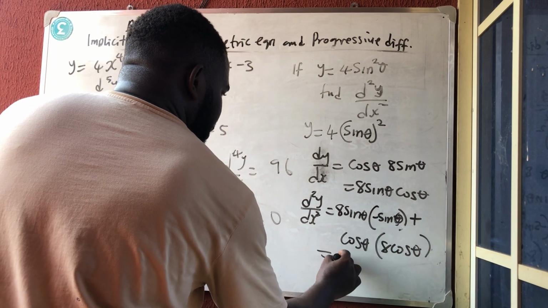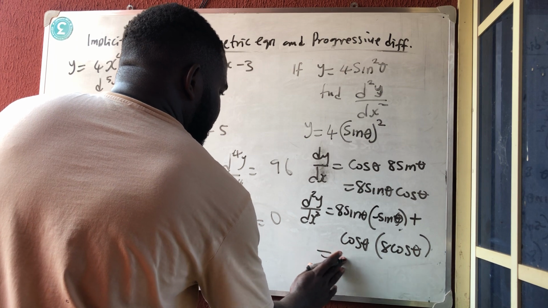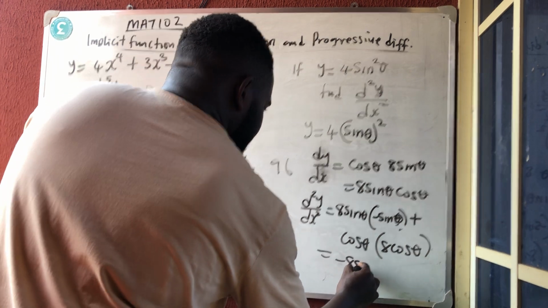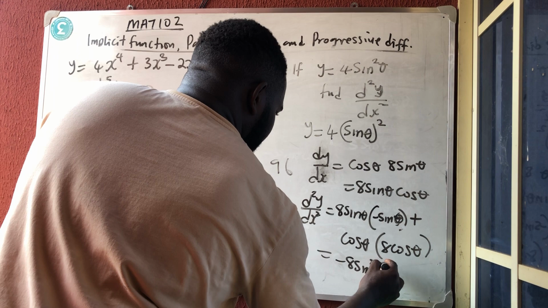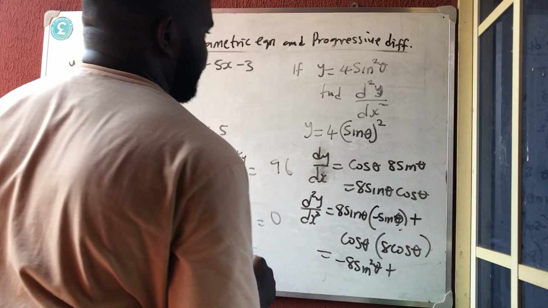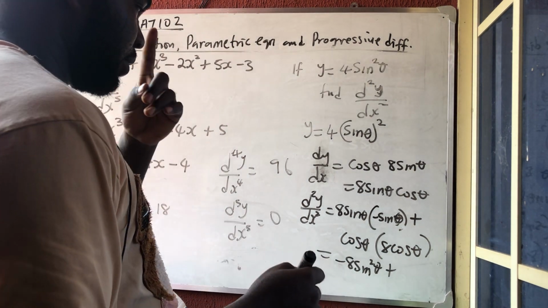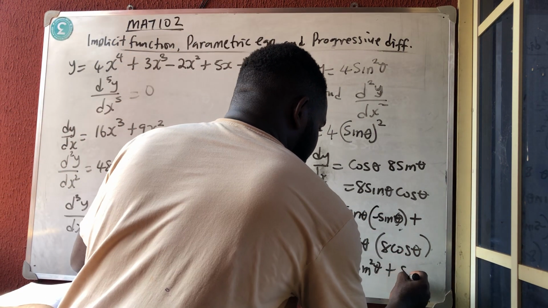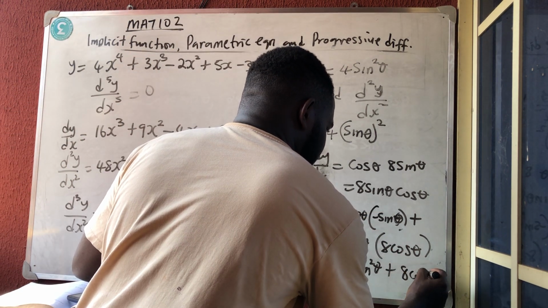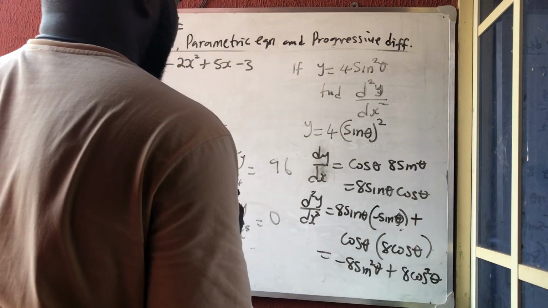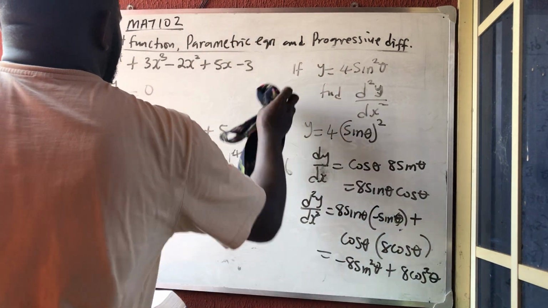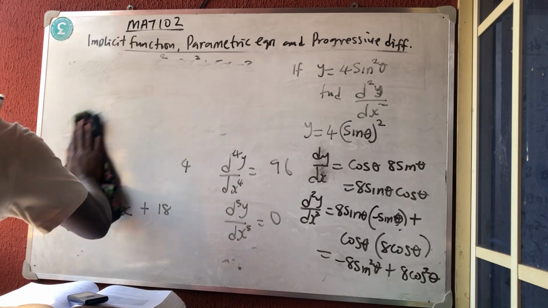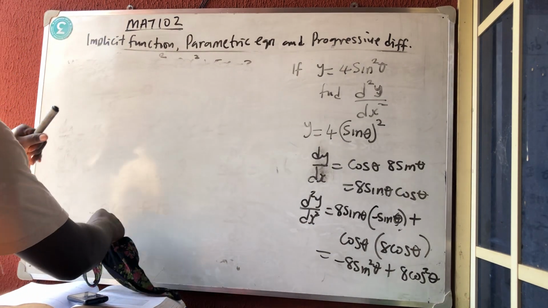This time this will give you minus 8 sine squared theta plus 8 cos squared theta. So if you arrange it very well, you are going to have that 8 is common.